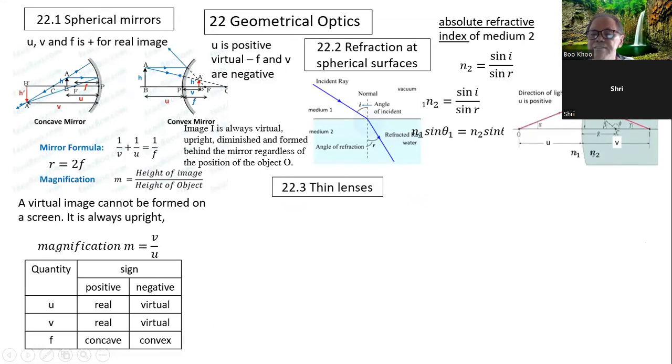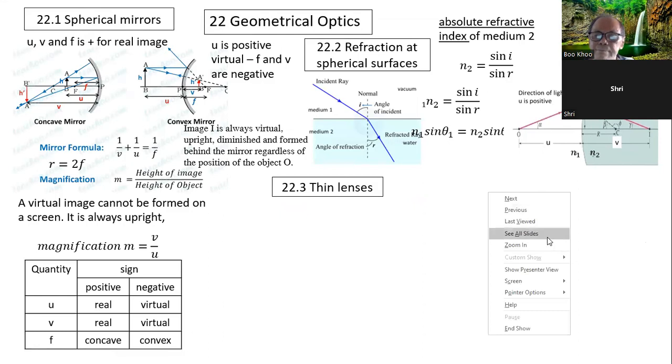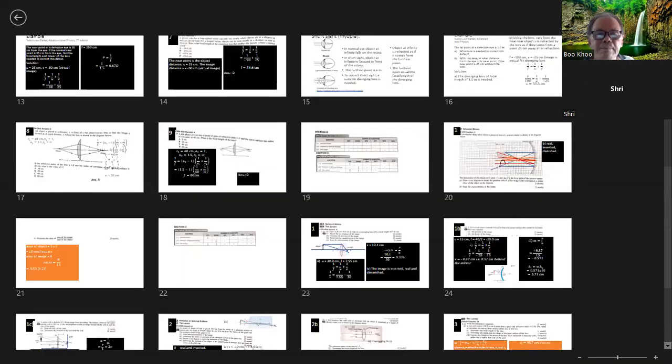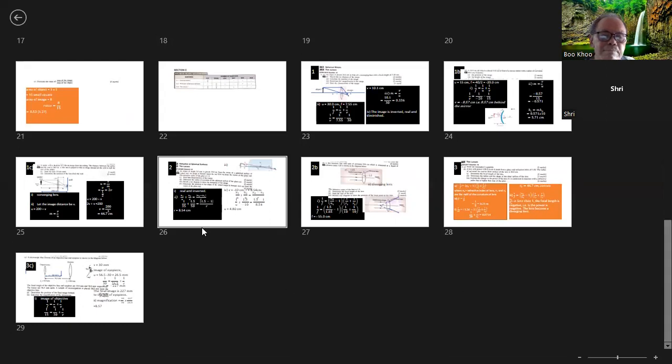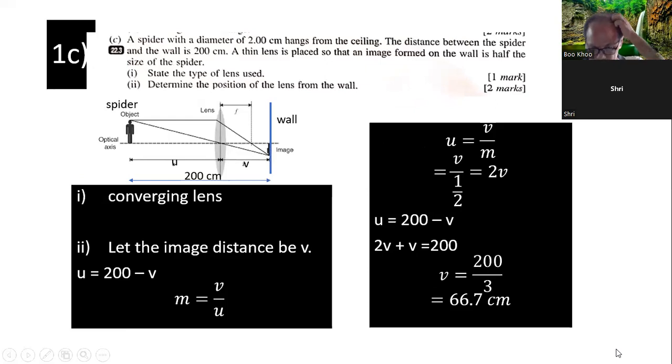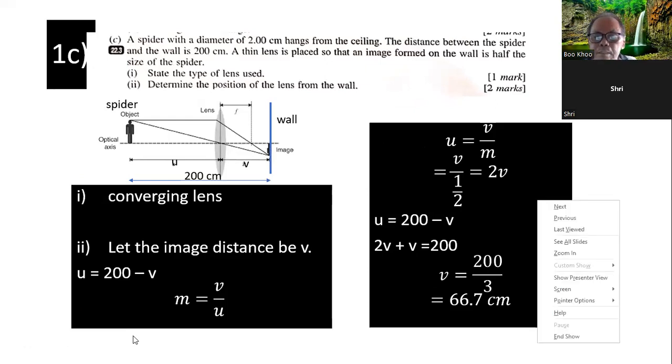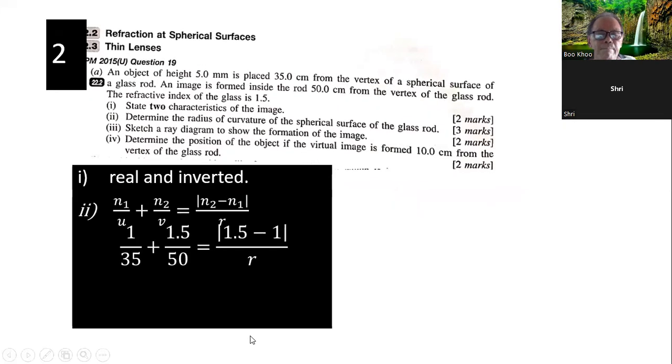There's a surface there. This is your N1, this is your N2. There's a U, there's a V. Okay, then calculate your radius of curvature.